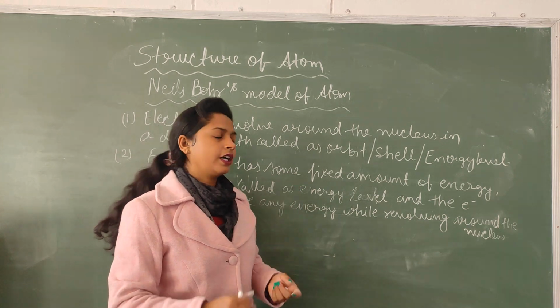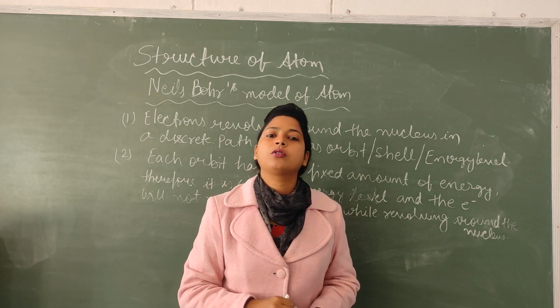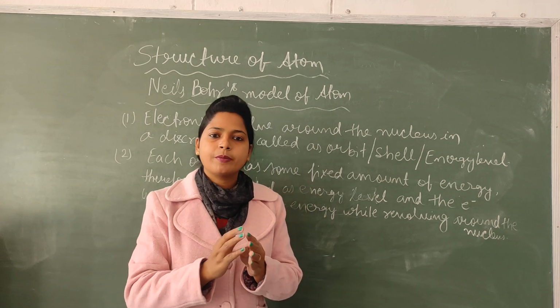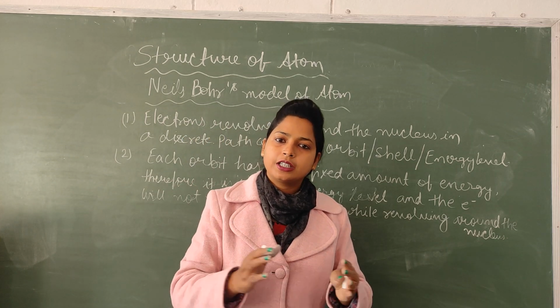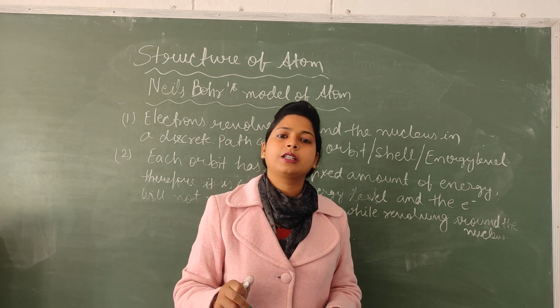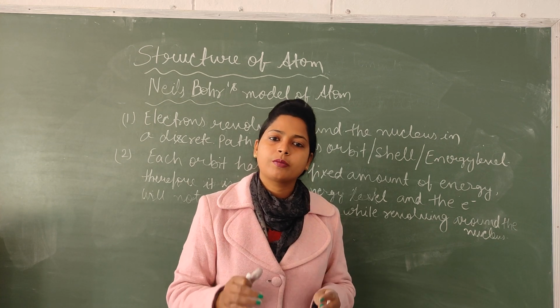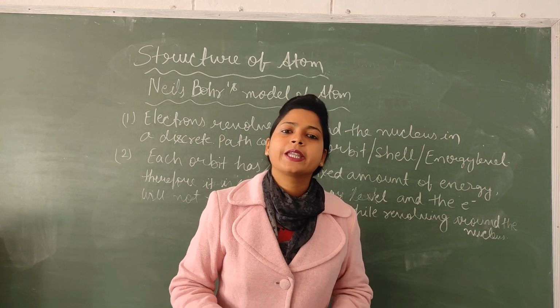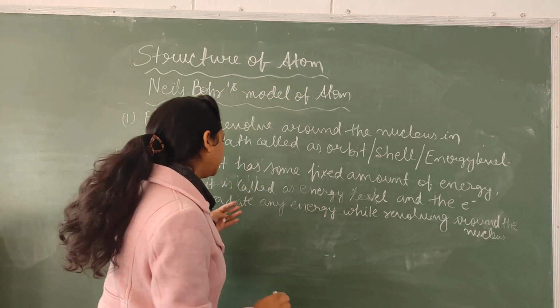So Neils Bohr ने कहा कि हर रास्ते का एक फिक्स्ड अमाउंट ऑफ एनर्जी होता है और ये एनर्जी फिक्स्ड है, वो कभी घटेगा या बढ़ेगा नहीं. इलेक्ट्रॉन रिवॉल्व करते टाइम वही एनर्जी के साथ रिवॉल्व करेगा, क्योंकि उस ऑर्बिट का उतना ही एनर्जी है, और एनर्जी रेडिएट वाली कोई बात यहाँ पे नहीं है। क्लियर?